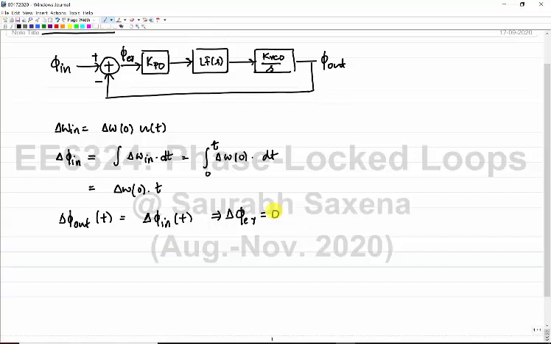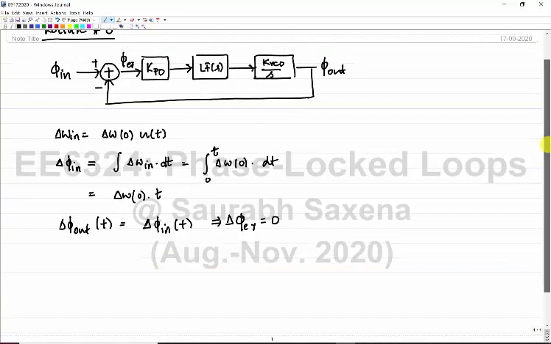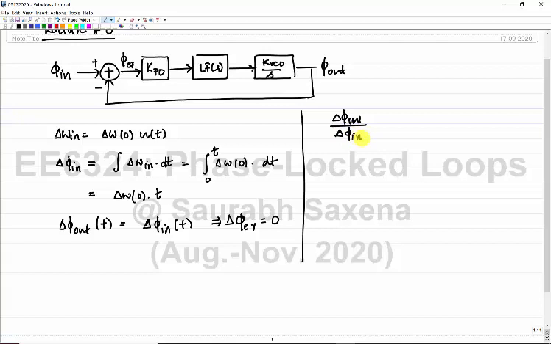So that is what we were talking that, okay, so let me just work that out, for benefit of others also. So what we have is delta phi out by delta phi in of S, right? This transfer function was loop gain by 1 plus loop gain, right? And then delta phi error of S with respect to delta phi in of S, this is going to be 1 by 1 plus loop gain, correct?